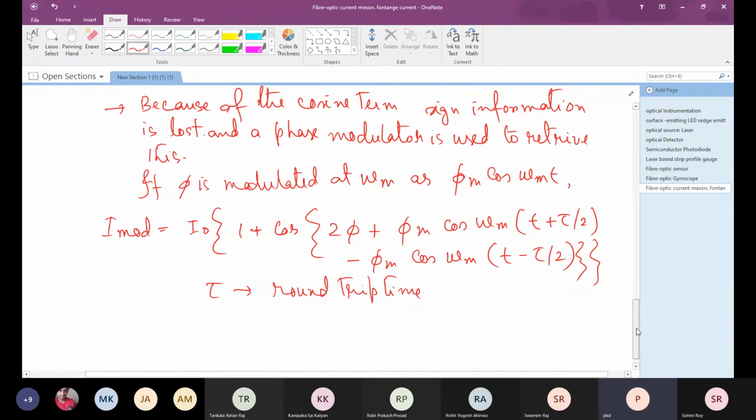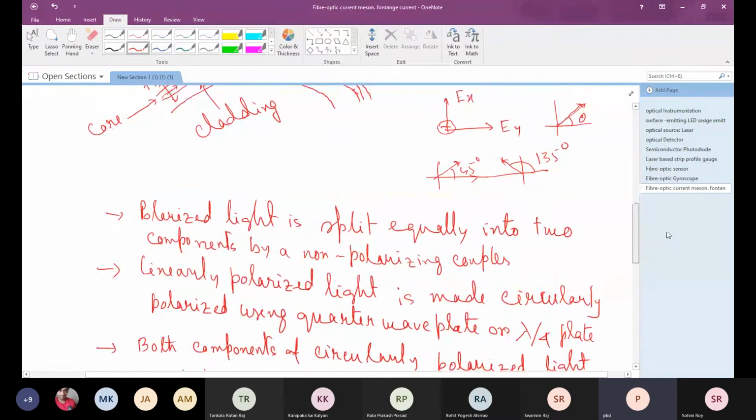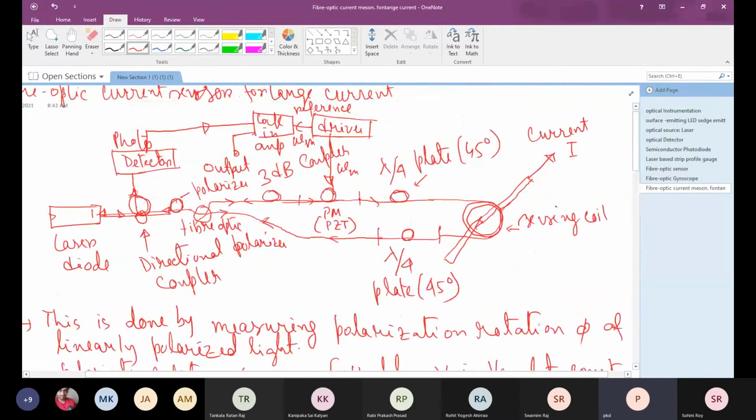Why is it so? Because you can see that the phase modulator is here, in front of this path. So this component will get the phase modulation tau times ahead of the other component.